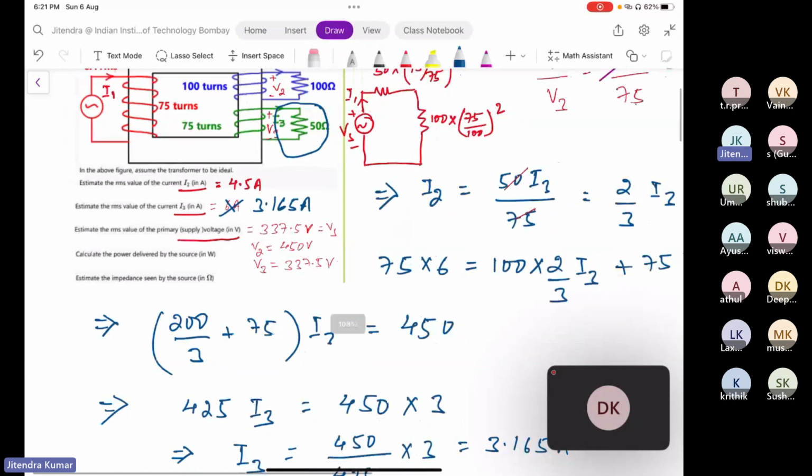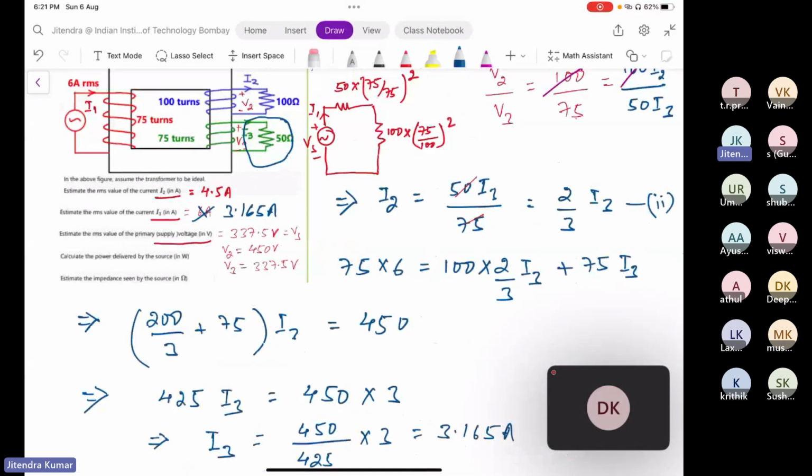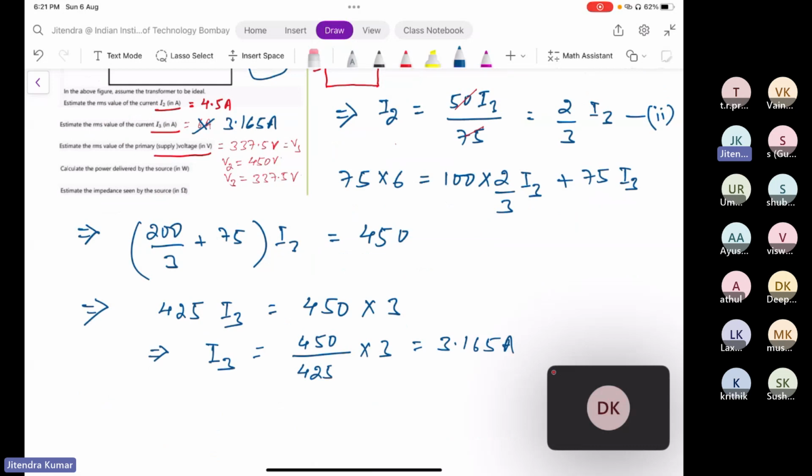It might be a calculation mistake, or he might have applied a different concept. So whoever calculated 6 ampere, are you convinced with 3.165 ampere? Yes, sir. Absolutely, great. So we have computed I3 as 3.165 ampere.